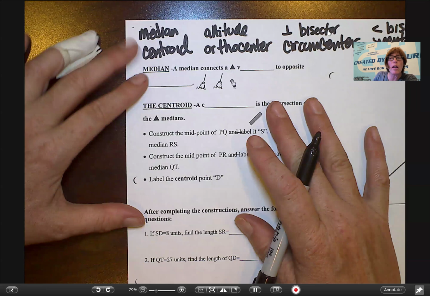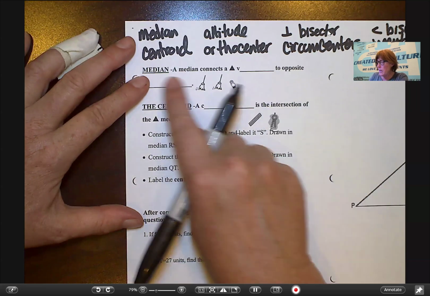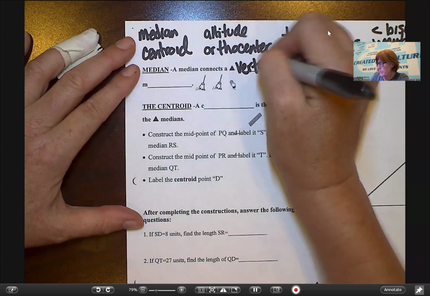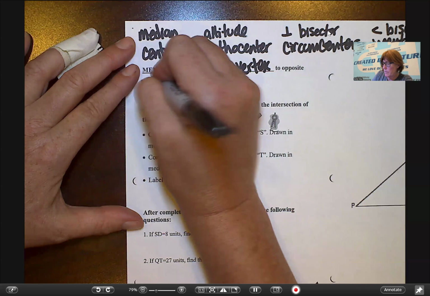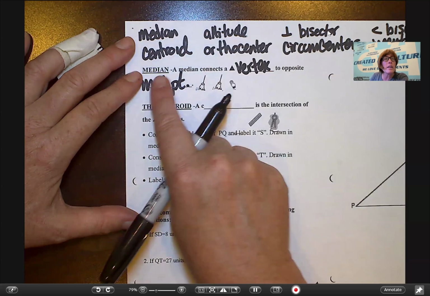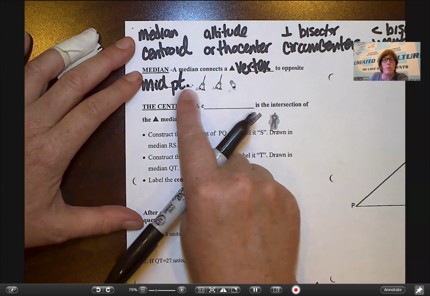We're going to do a centroid first. A median connects a triangle vertex, which means corner, to the opposite midpoint.